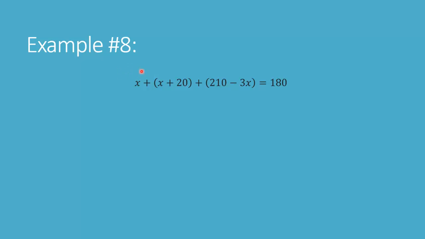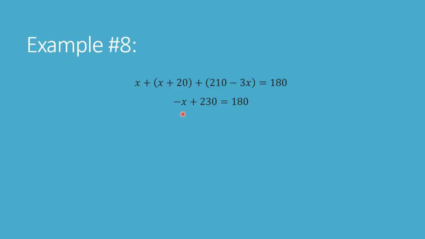So we have angle 1 plus angle 2 plus angle 3 equals 180. First, we need to simplify. So we take x plus x minus 3x to give us negative x, 20 plus 210 to give us 230, and that equals 180.